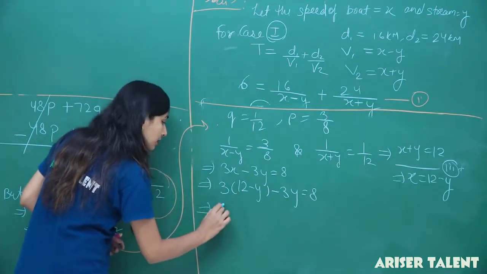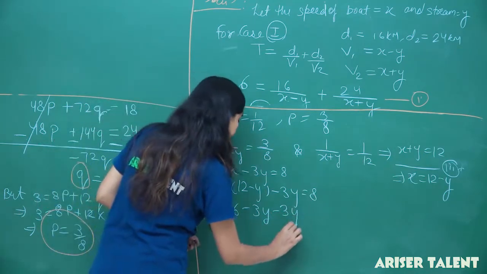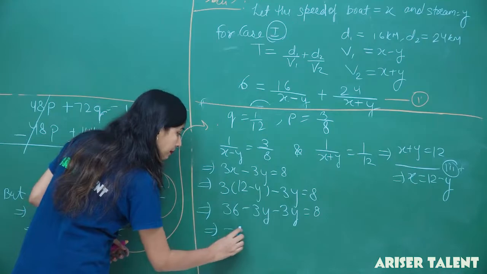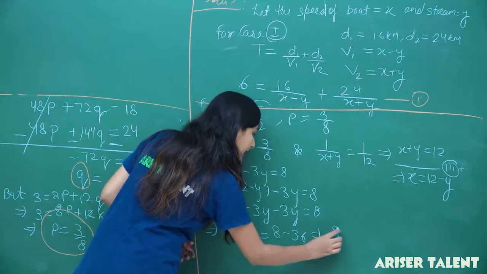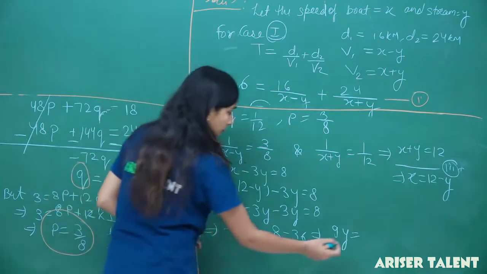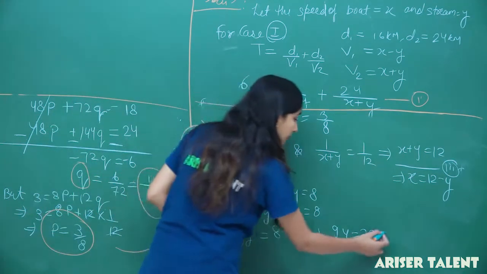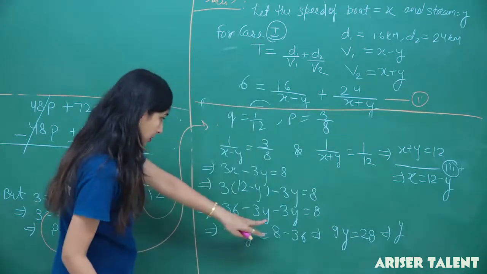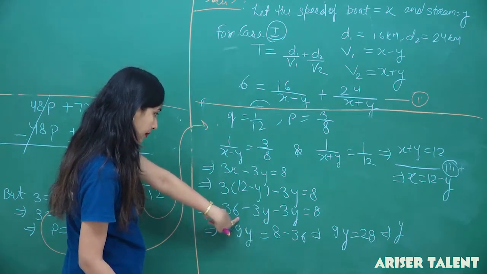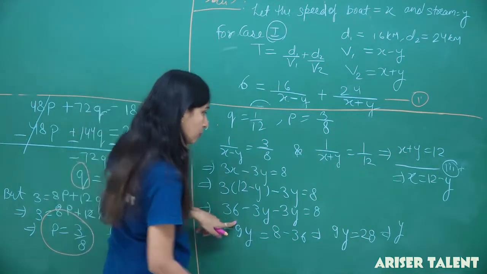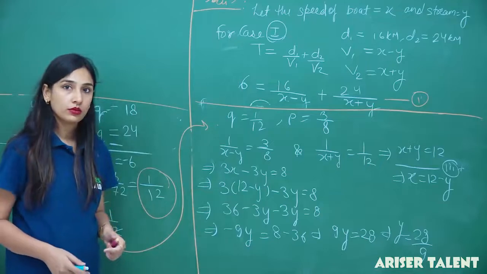So, that will become 36 minus 3y minus 3y equals 8, that is minus 9y equals 8 minus 36, implies that 9y equals 36 minus 8, so y's value will be equal to 28 by 9, right?